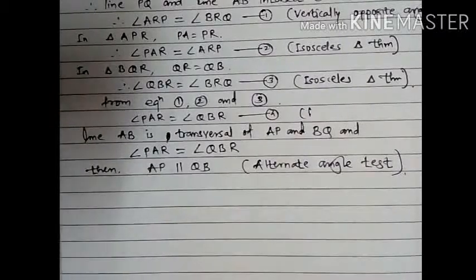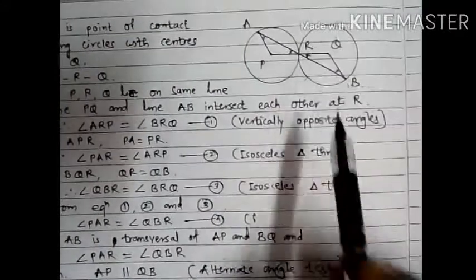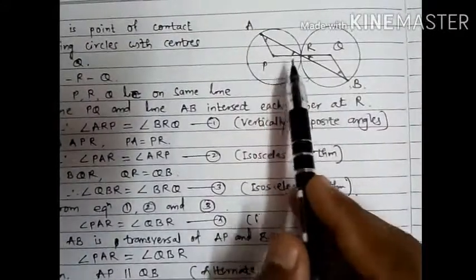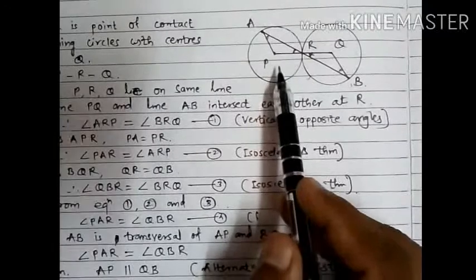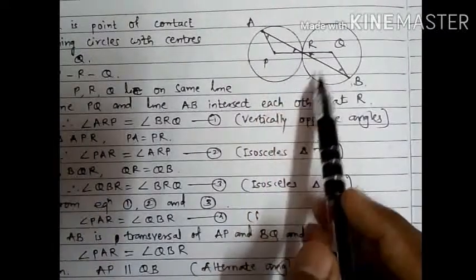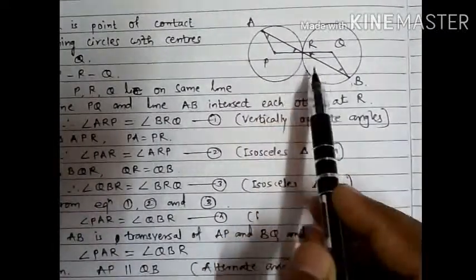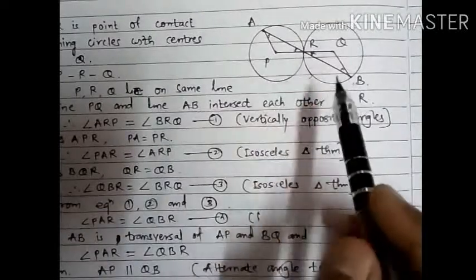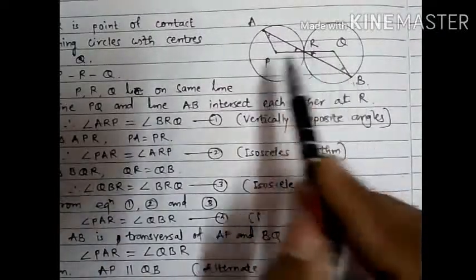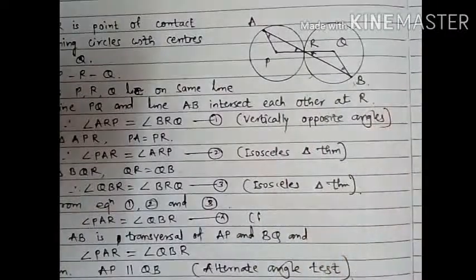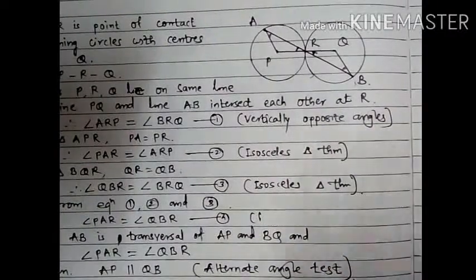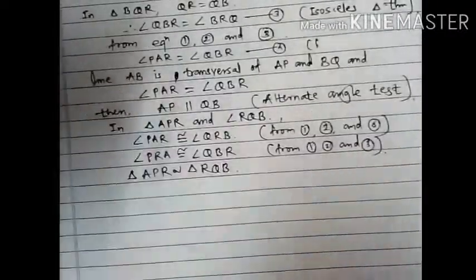Now we take the second. For the second, these two triangles are given: triangle APR and triangle RQB. To prove that the two triangles are similar, we need two pairs of angles congruent.